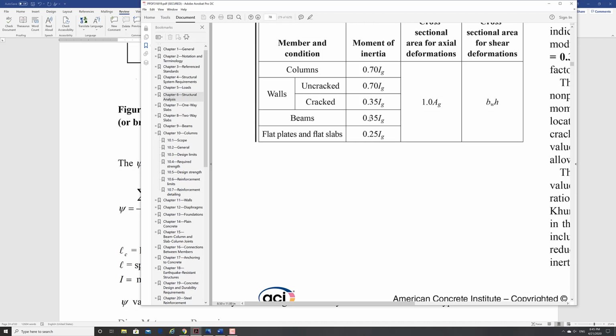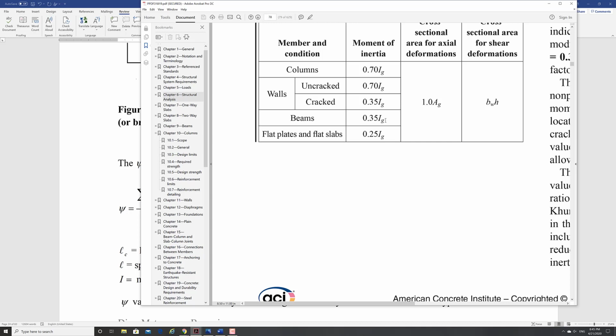When you take the relative ratio, the 0.70 will cancel, and all you will have is the gross value for the column over the gross value of the beam. That relative value is what is important for your analysis, because if you change the relative value, you will get different answers.